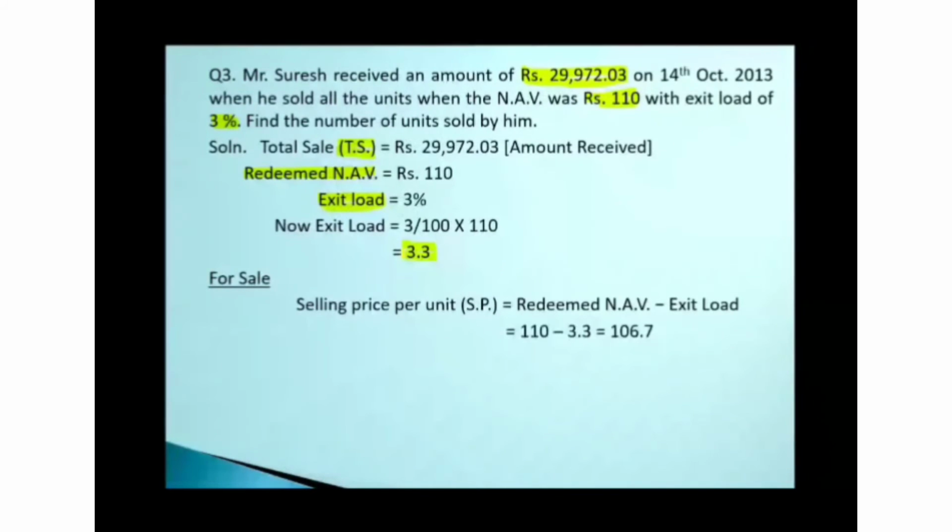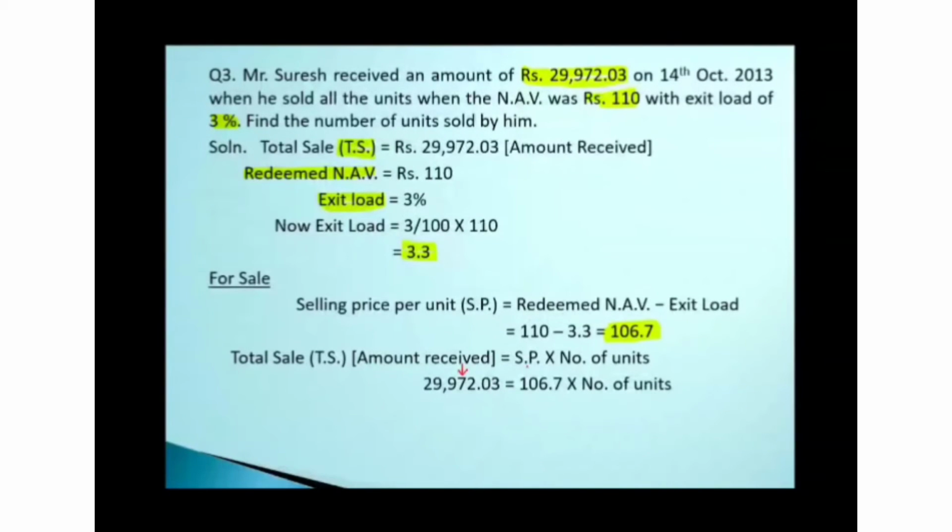So SP is 106.7, 106.7 selling price per unit. And after that, you will be using the formula of total sale. Substitute the values from whatever the data give, and take the ratio to get the number of units.